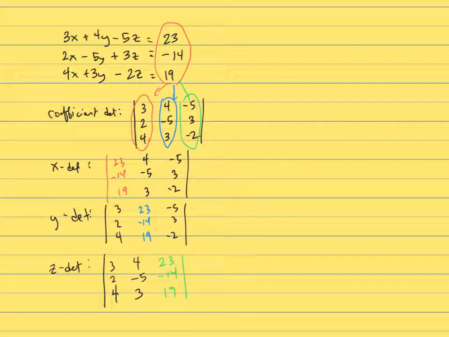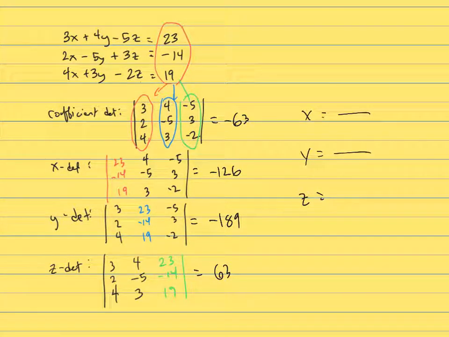So when I do these on my calculator, the coefficient determinant comes out as -63, the x determinant comes out as -126, the y determinant comes out as -189, and the z determinant comes out as 63. So now when I want to find my values for x, y, and z, the denominator of each of those numbers is the coefficient determinant.